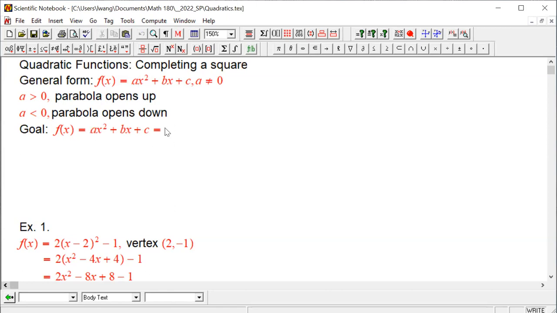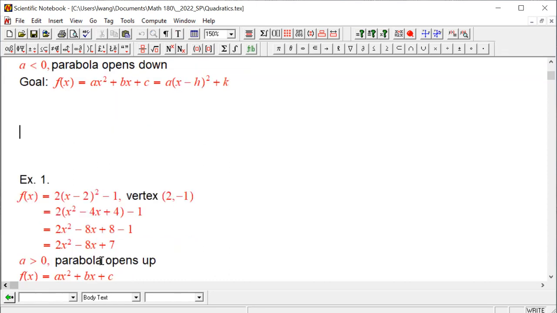Yes, we must have that a. This is our objective from the general form of a quadratic.